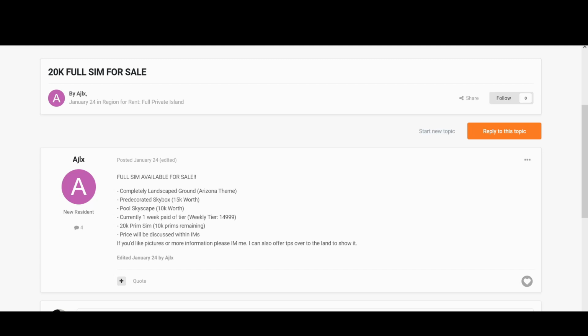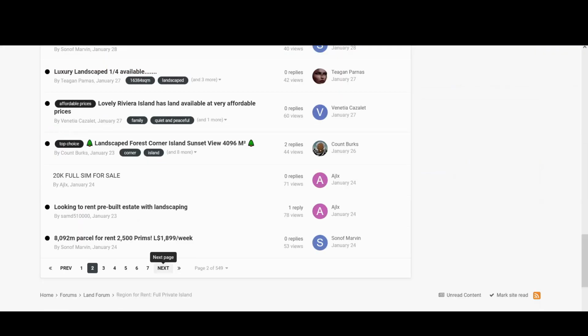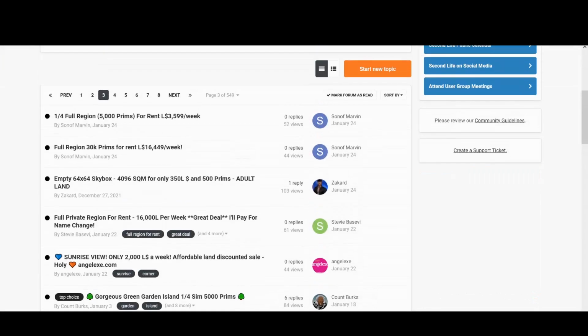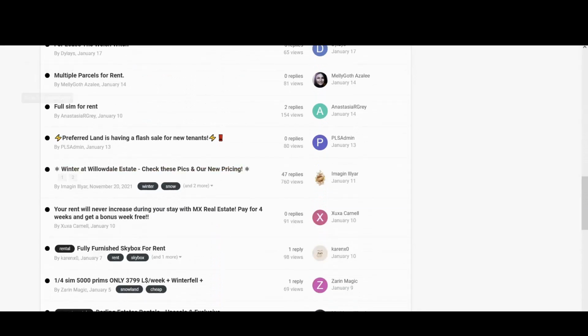Yeah, as you can see, this one is 14,999 Linden for 20,000 Linden. Yeah, so that's this one, and you will find lots of different types of regions land for sale.